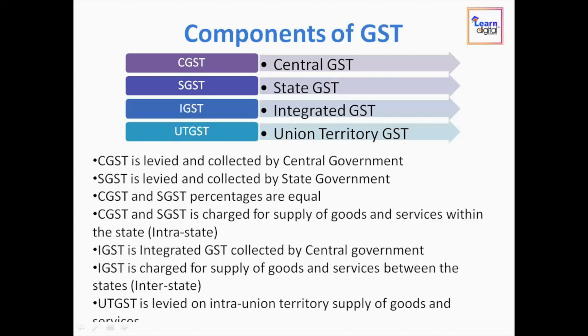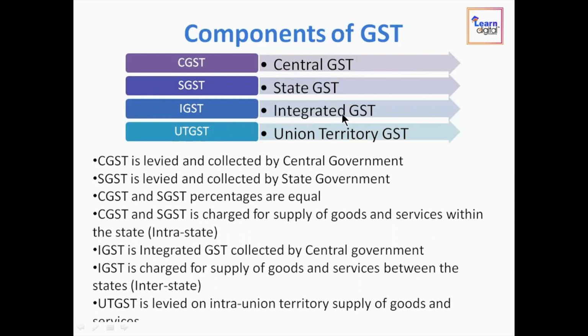Now, the next part is components of GST. What are the components of GST? As we see, there are four components of GST: CGST, SGST, IGST, UTGST. The full form of CGST is Central Goods and Service Tax, Central GST. SGST is State GST.